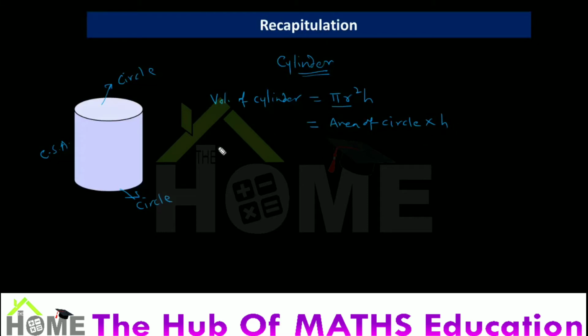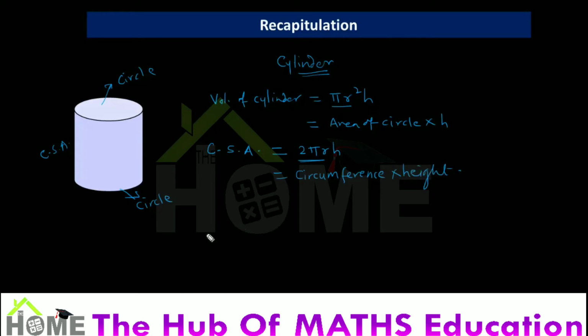Now the second one is the curved surface area of a cylinder, which is equal to 2 pi r h, where 2 pi r is nothing but the circumference of a circle, into height.